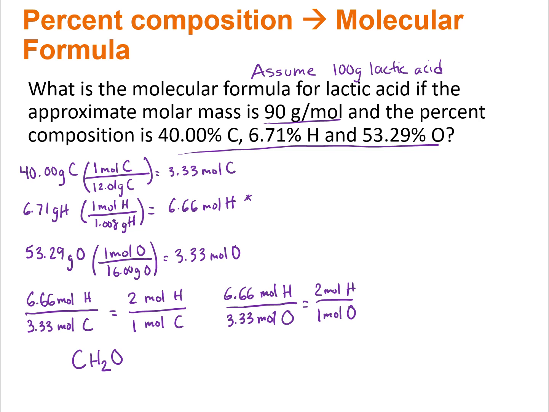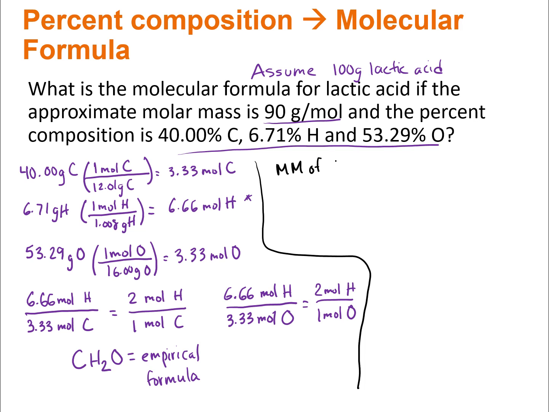So that would be our empirical formula. That's only the first part. Now we have to figure out the molecular formula by calculating N. Start by figuring out the molar mass of your empirical formula.